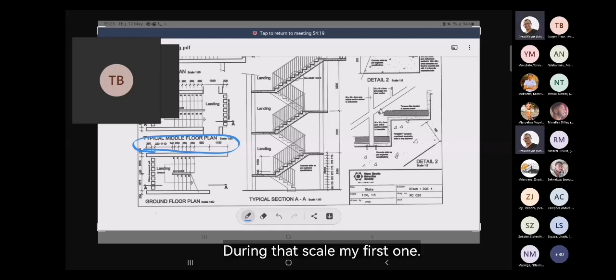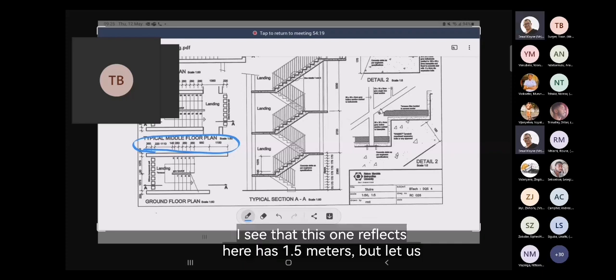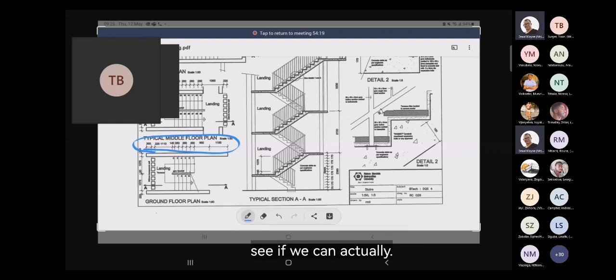When I scale my first one, I see that this one reflects here as 1.5 meters. But let us see if we can actually calculate these.